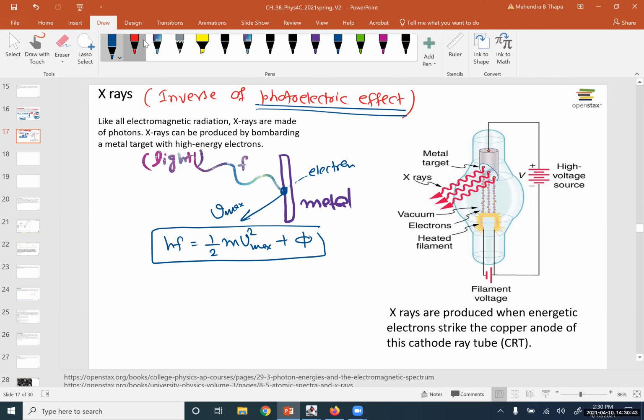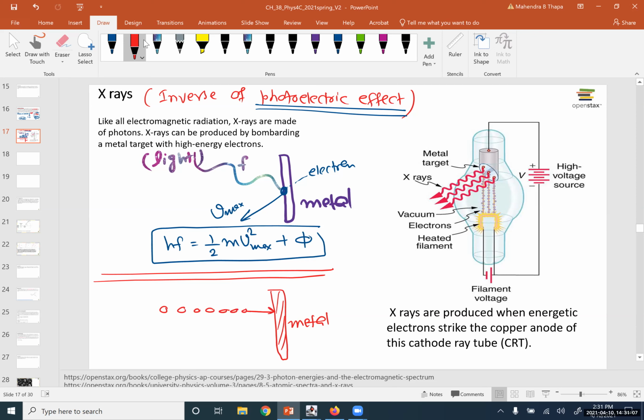So we could expect just the reverse phenomenon here. What that means is, if we have a beam of electrons striking on the metal surface, the same metal or a different metal, hitting it with fast moving electrons, then we'll find that an electromagnetic wave comes out from this metal.